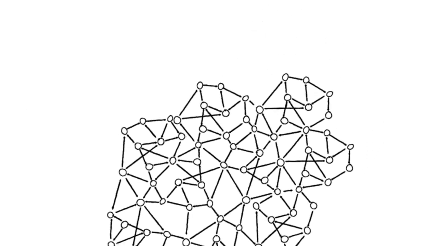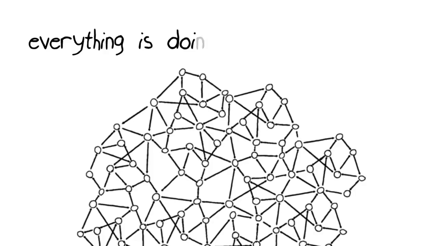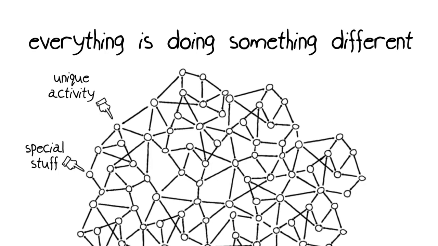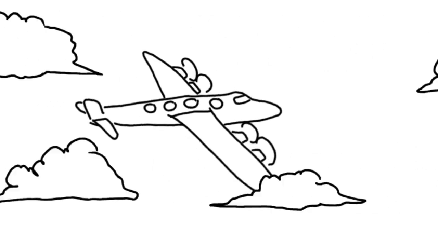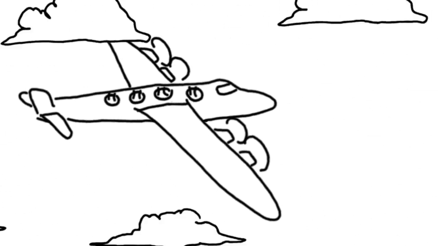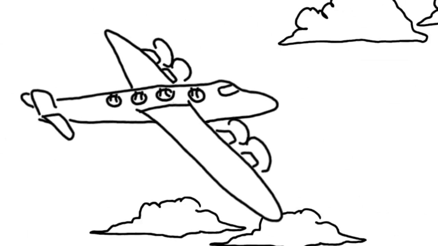The other thing about this is that all of these things are doing something different. They're all doing different things in the ecosystem. So if you imagine one of my favorite things, I love planes. Here's a complicated plane with 4 engines, lots of moving parts, piston engines roaring away. You've got a rudder here. You've got ailerons. Imagine this aircraft flying along. If you take out, say, the curtains that are in the window, you're probably not going to bring the plane down.